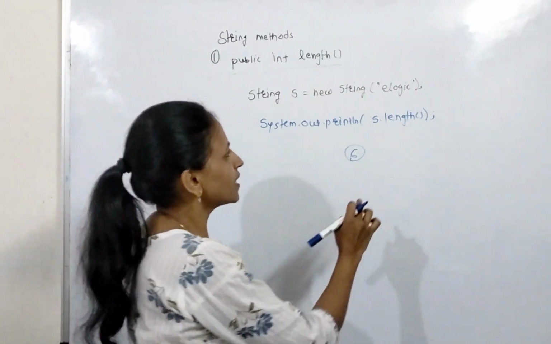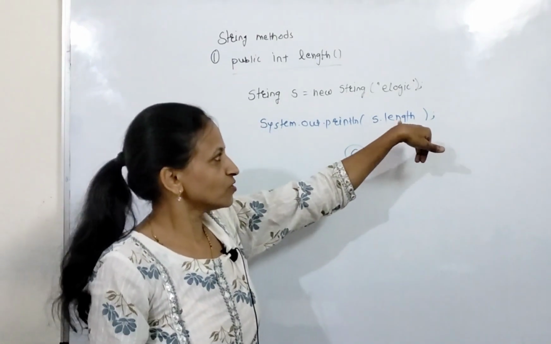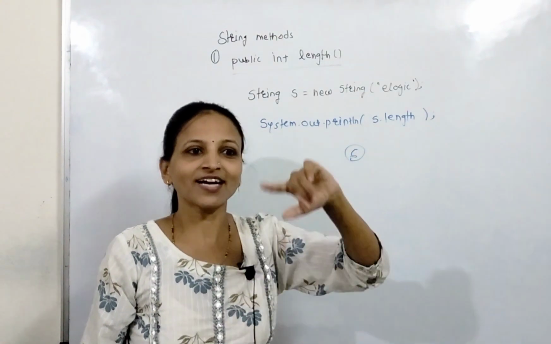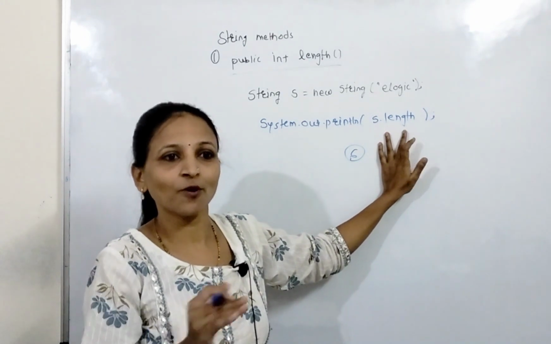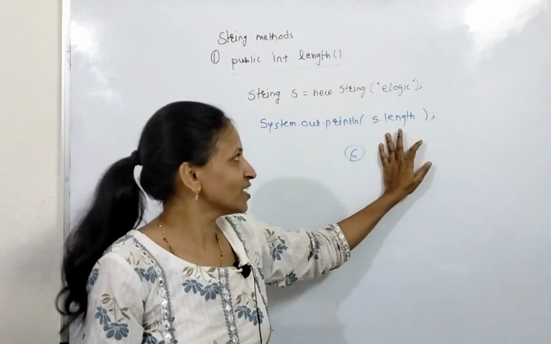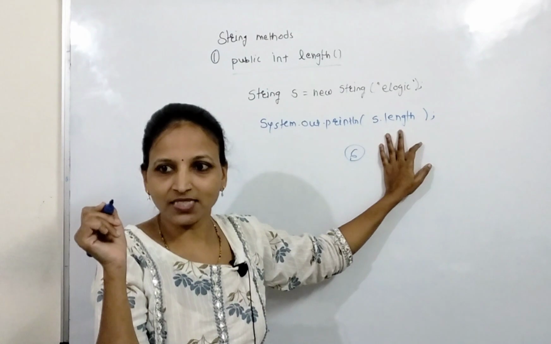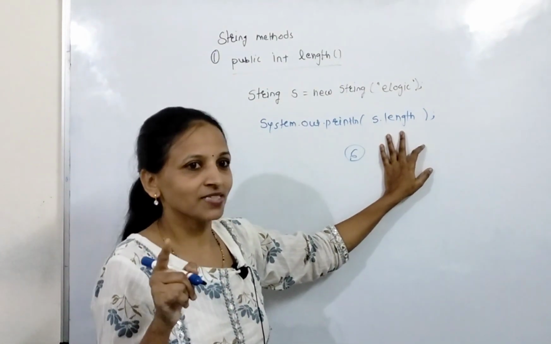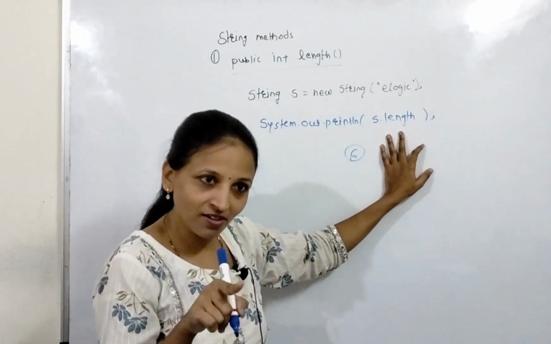Now always take care, don't write it like this, length without parentheses. If you use it like this, length should be a variable present in that class, a property. A class is nothing but a collection of properties and methods. A property we can access directly without parentheses, and a method we have to call using parentheses. In the string class, length is a method.